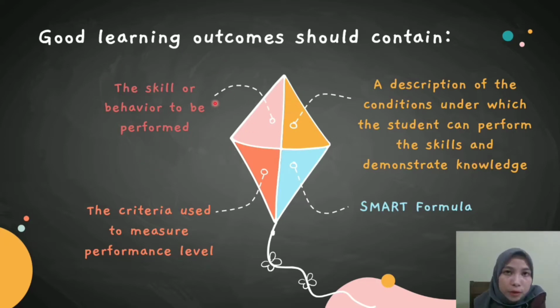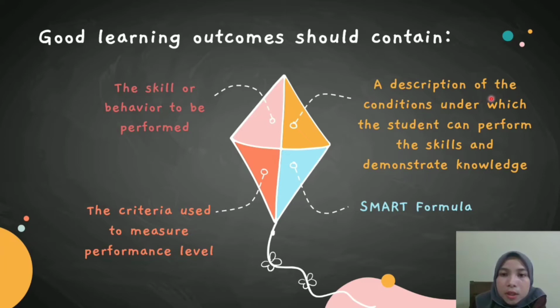So, the skill or behavior to be performed. This component of the outcomes should contain an action verb that is relevant to the domain of the activity, which are cognitive, psychomotor, or affective. So it is important to stay away from generic verbs such as understand or know in your outcomes because they are too general.